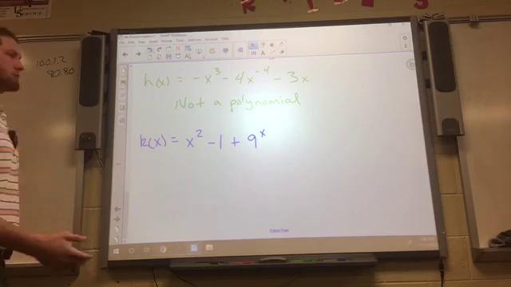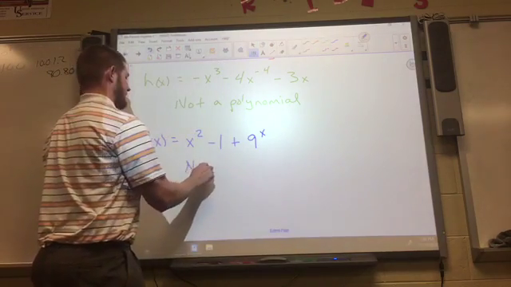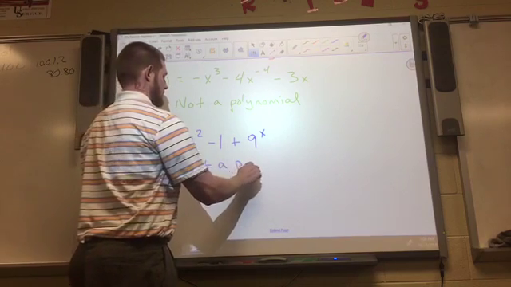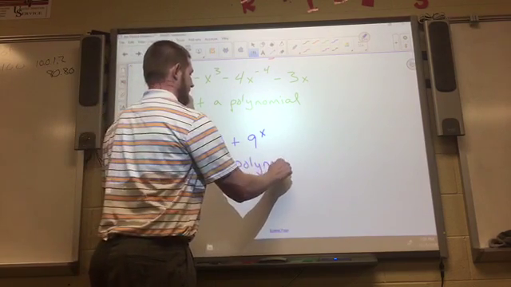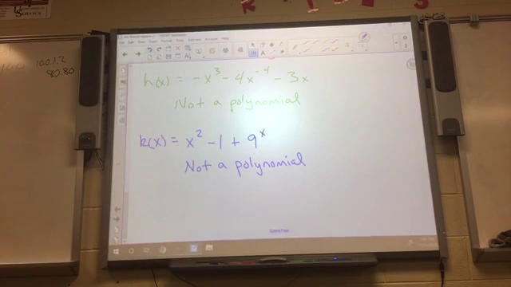If they look super goofy in the exponent, it's not a polynomial. You'll be able to pick it out pretty easily. To be a polynomial, an exponent can't be negative. It has to be a whole number. Whole numbers are 0 and bigger, no decimals.